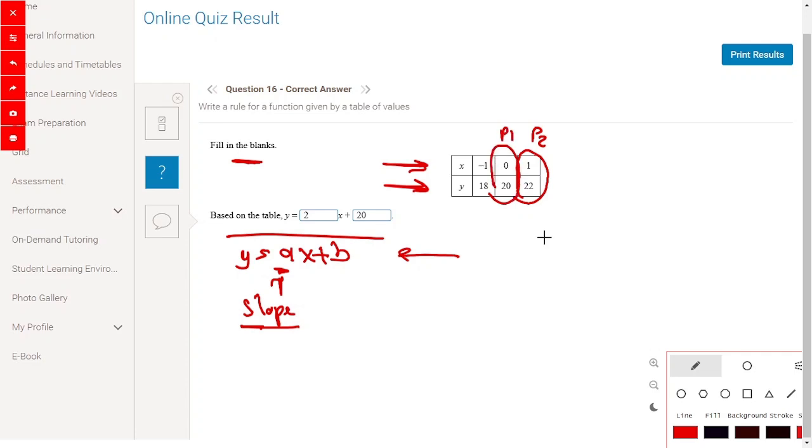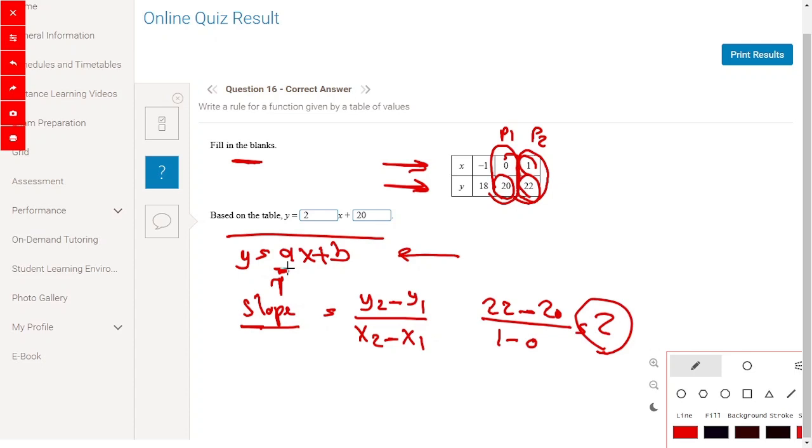Now let's substitute in the equation, which is y2 minus y1 divided by x2 minus x1. So y2 here will be 22 minus 20 divided by 1 minus 0. So it will be equal to 2. So now the slope here will be 2. So the first blank is 2.